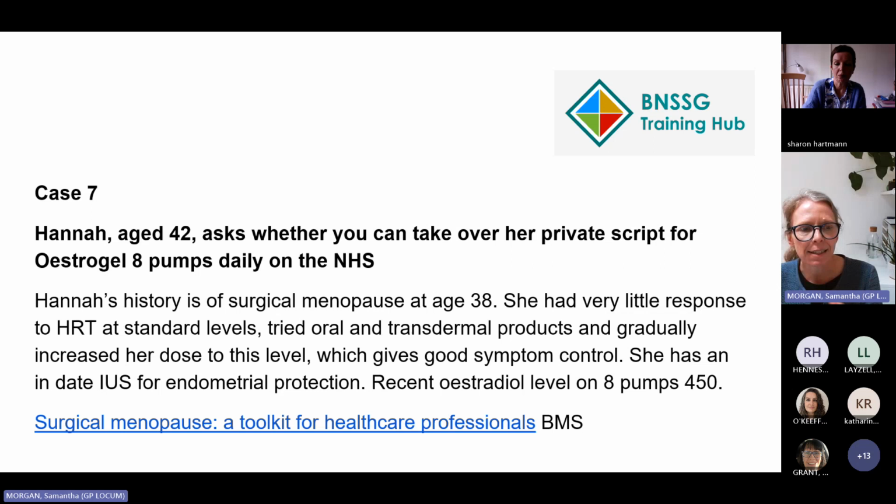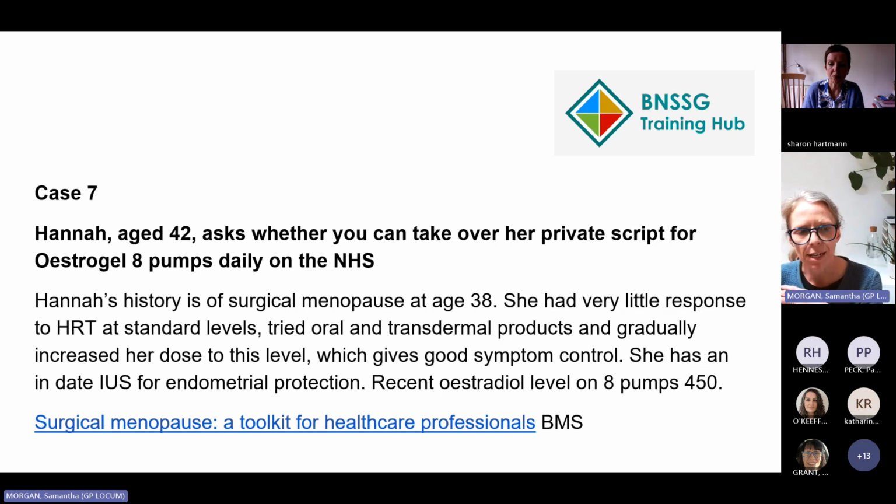So in Hannah's case, actually, she had a surgical menopause at 38. She tried HRT at standard levels, tried a number of different products, both oral HRT and transdermal HRT, and gradually increased up to this level, which has now finally given her really good symptom control.